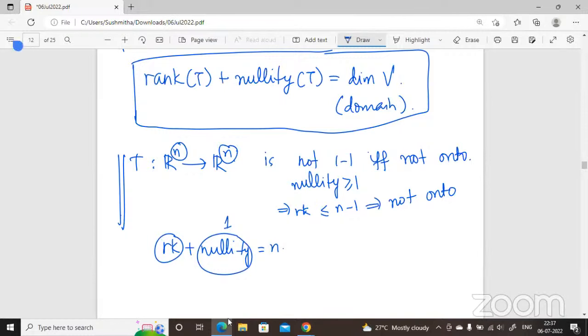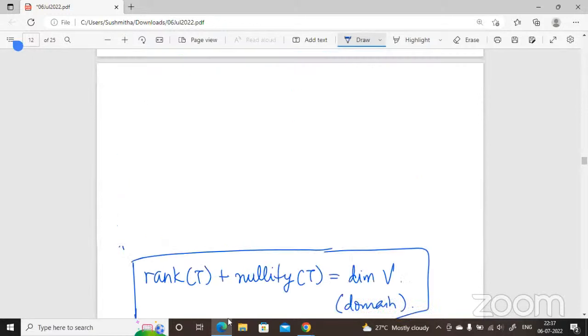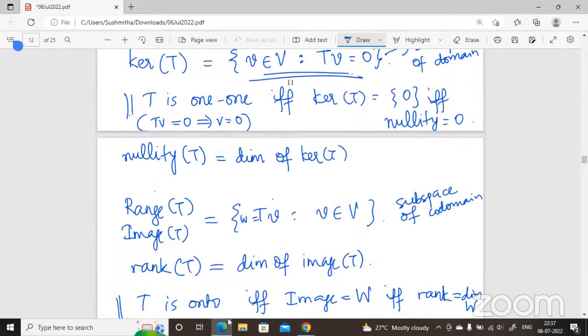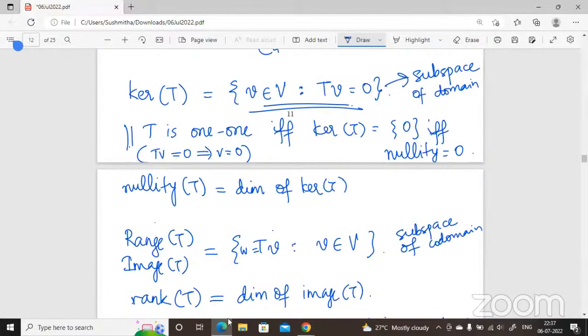Ma'am, how is it that nullity is at least 1? Can you show? Because it is not 1 to 1. Here we see, if it is 1 to 1, then nullity is 0. So if it is not 1 to 1, nullity is not 0. If it is not 1 to 1, what does it mean? There is at least one non-zero vector which goes to 0, right?